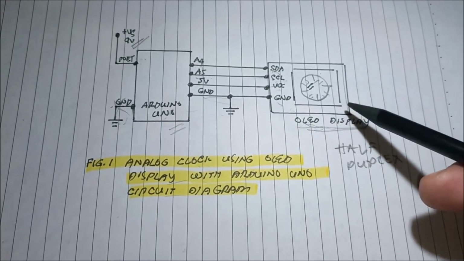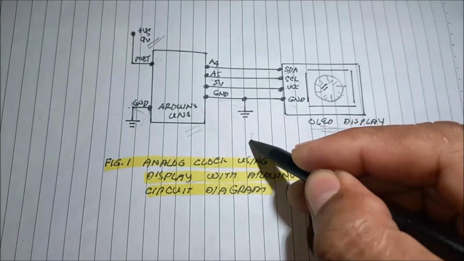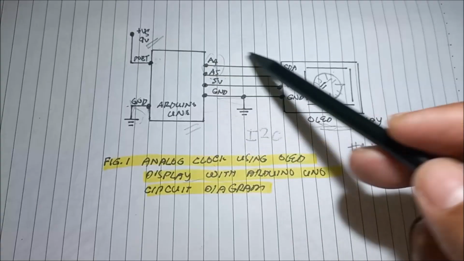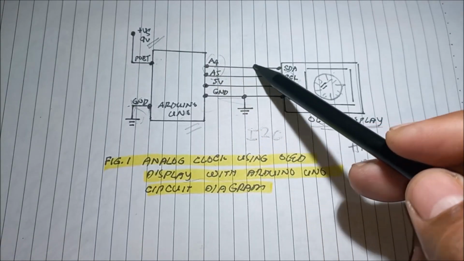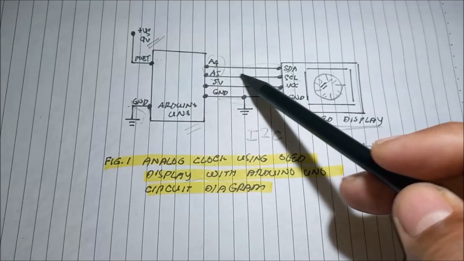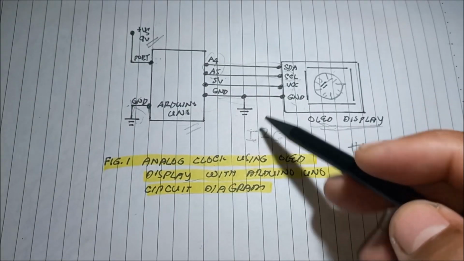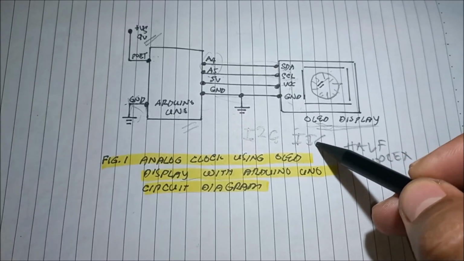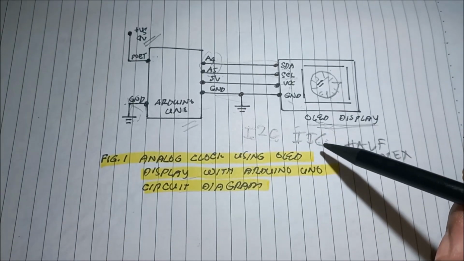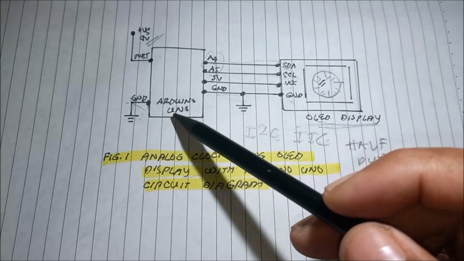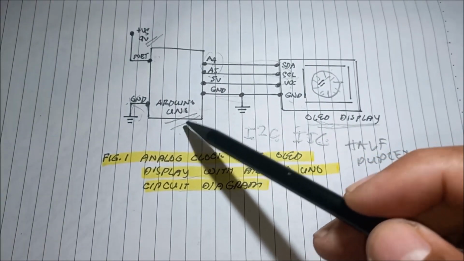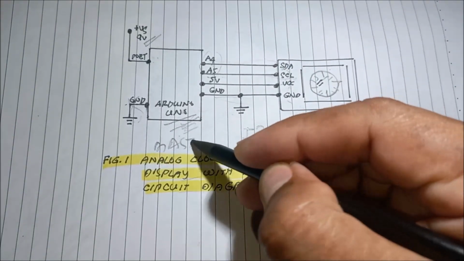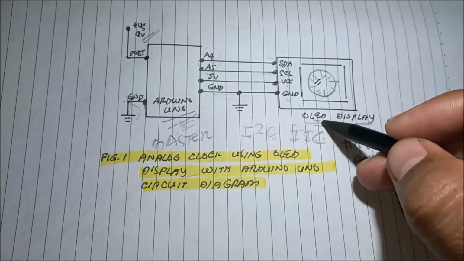And the communication protocol we're using is I2C, using only 2 wires for the data and for the clock. I2C or IIC, inter-integrated circuit. So we're using the Arduino Uno microcontroller as the master, and then the slave is the OLED.